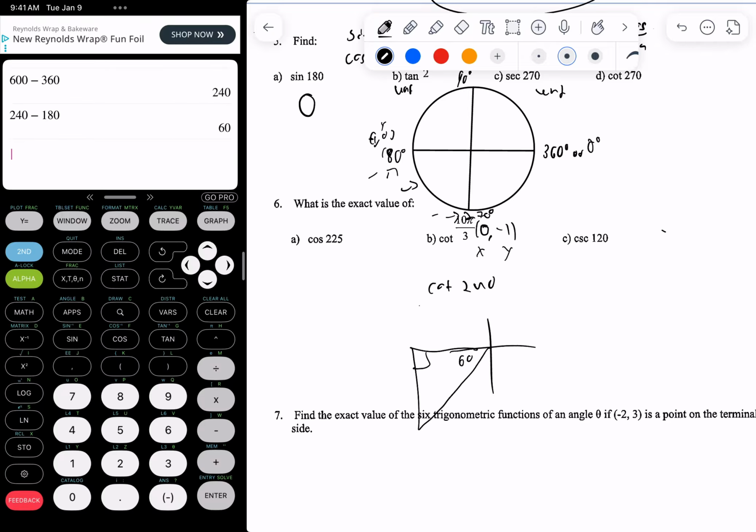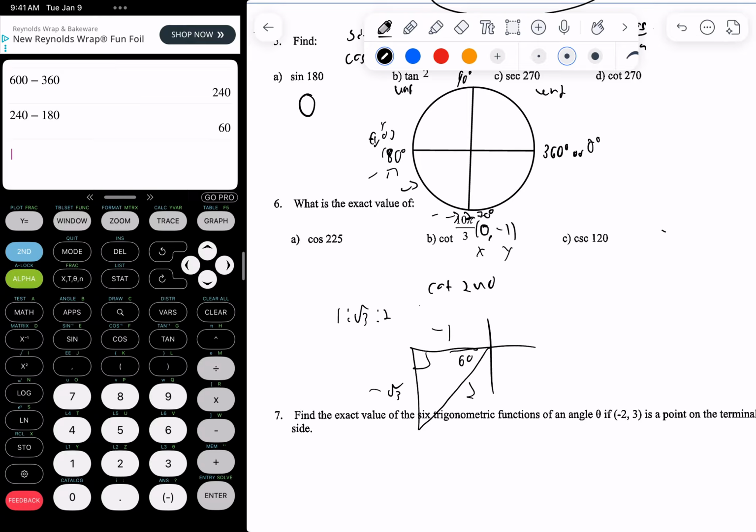In the 30, 60, 90, it's 1, rad 3, and 2. But since they're on the negatives here, we're going to have negative 1, negative rad 3, and 2.